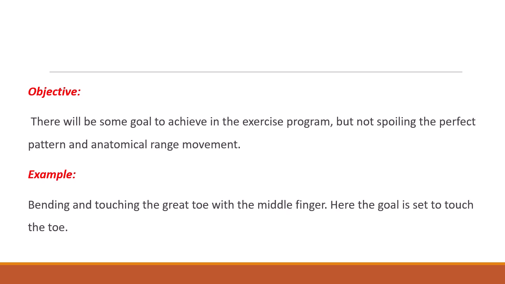Objective means there will be some goal to achieve in the exercise program, but without spoiling the perfect pattern and anatomical range of movement. For example, bending and touching the great toe with the middle finger. Here the goal is set to touch the toe. So we ask the patient to do the particular exercise.